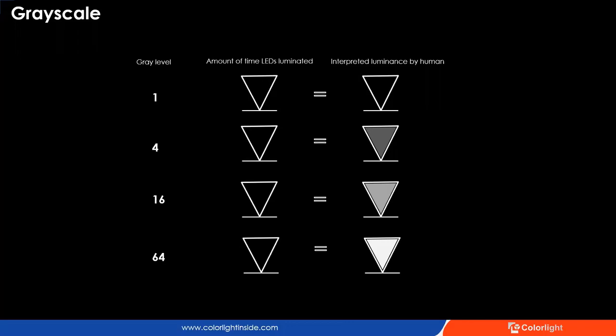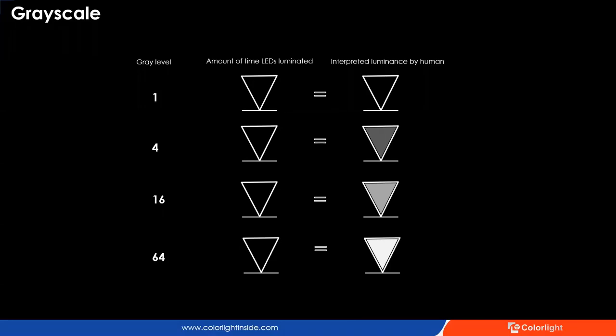They are actually on and off in different combinations to be represented as an image. The LED control system controls the amount of time that an LED is on or off to create different brightness levels or gray levels. The longer the on time of an LED, the brighter it will be perceived by the eye.